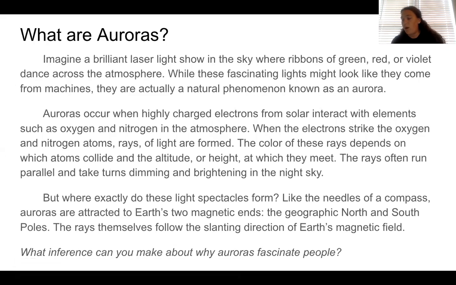First, I know that the author doesn't directly state it, so it's not explicitly stated, so I have to find clues, okay? In the very first paragraph, the author says to the reader, which is me, imagine a brilliant laser light show in the sky with ribbons of green, red, and violet.